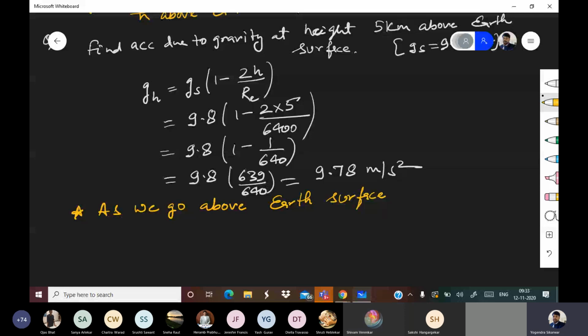Then we got the circumference. After finding the circumference, we used 2 pi r equal to circumference and got r equal to 6400. Remember? Hello?